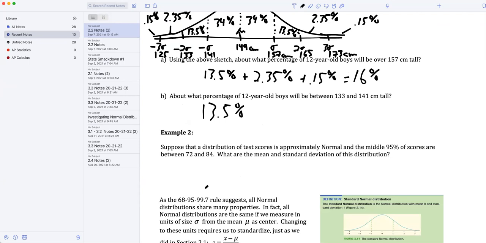Suppose that a distribution of test scores is approximately normal and the middle 95% of the scores lie between 72 and 84. What are the mean and standard deviation? There's mu.